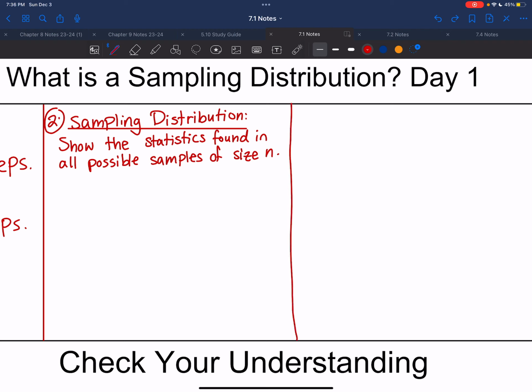And then the last thing, number 3, has 2 parts to it.